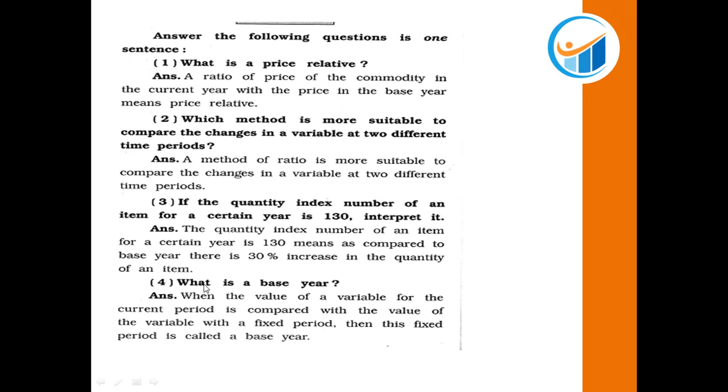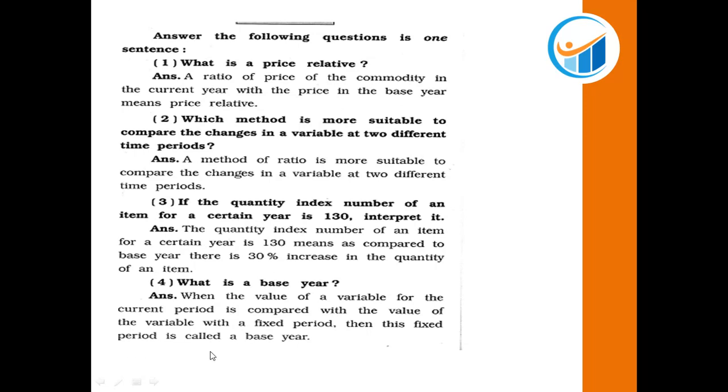Whenever it is written what is a base year, you have to explain the meaning of the base year. So the meaning of base year is this: when the value of a variable for the current period is compared with the value of the variable with a fixed period, then this fixed period is called the base year.